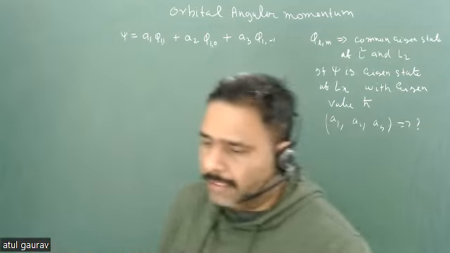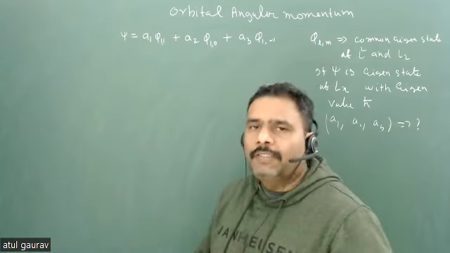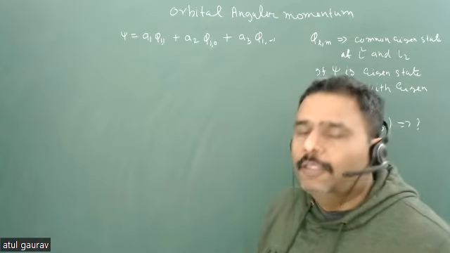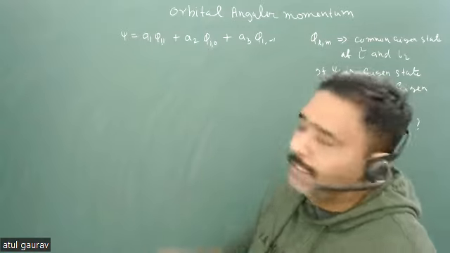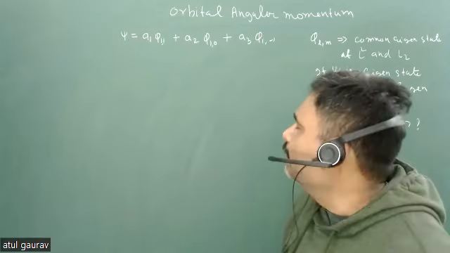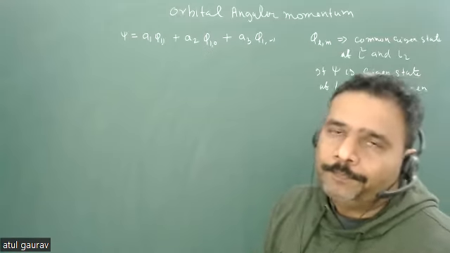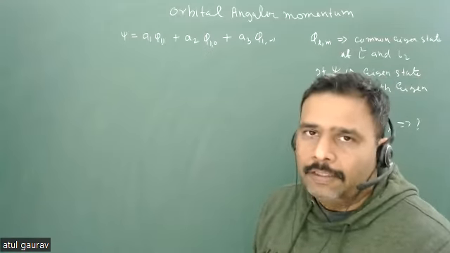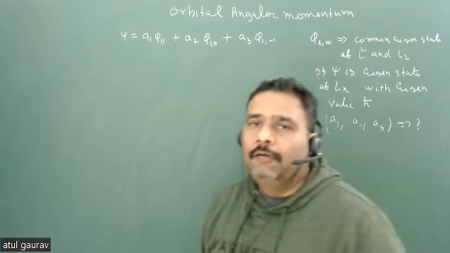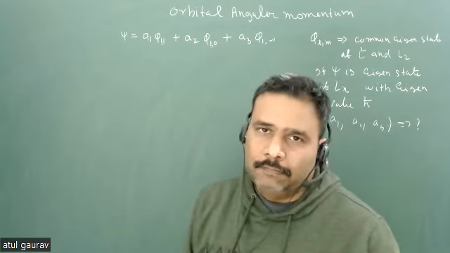So psi is normalized. If it were not normalized, then obviously you would have to take normalization as another constraint. But you have to use this constraint anyway. So how many unknowns are there? 3 unknowns. To solve these 3 unknowns uniquely, you need 3 equations.